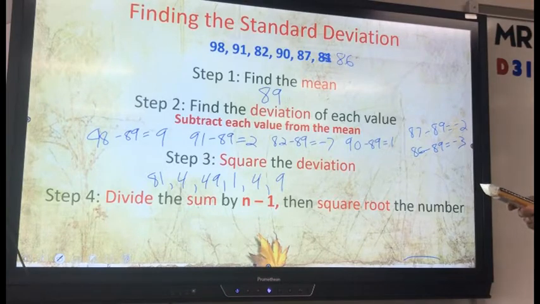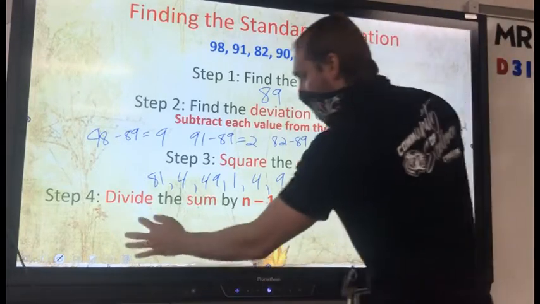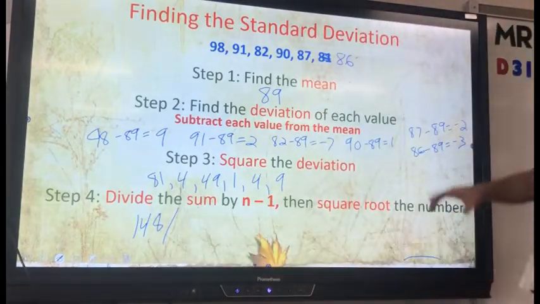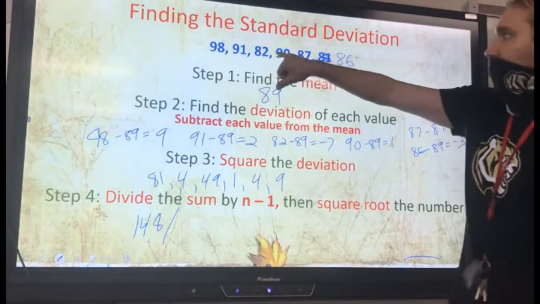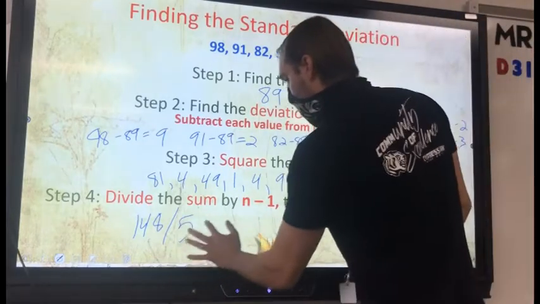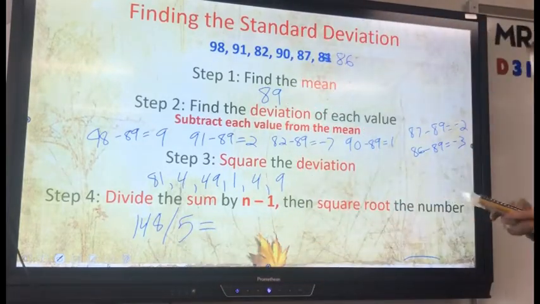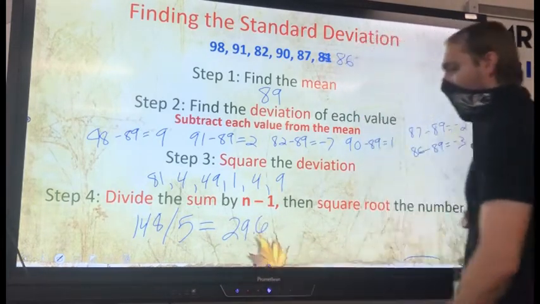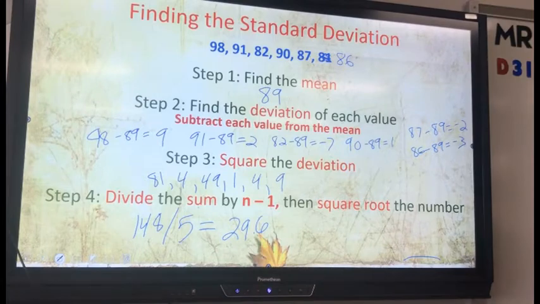Okay, now let's add the squared deviations together. I got 148, divided by n minus 1. So I have 1, 2, 3, 4, 5, 6. Minus 1 is a 5. So that's 148 divided by 5, 29.6. Are y'all with me so far? What's the last thing we need to do?